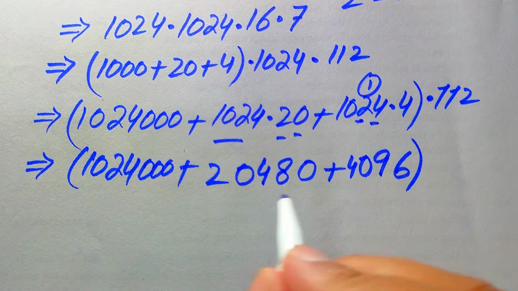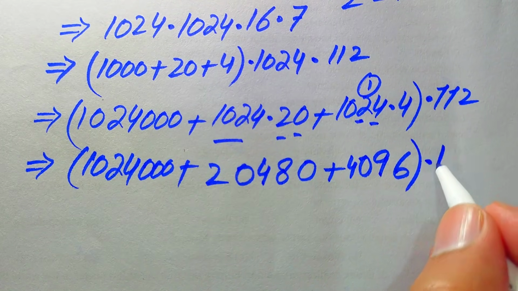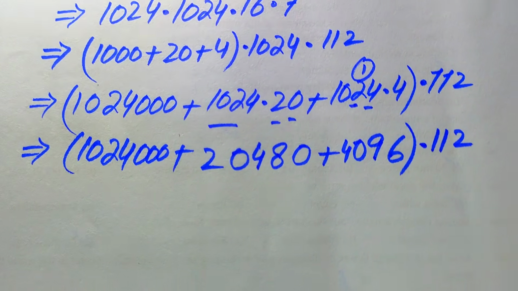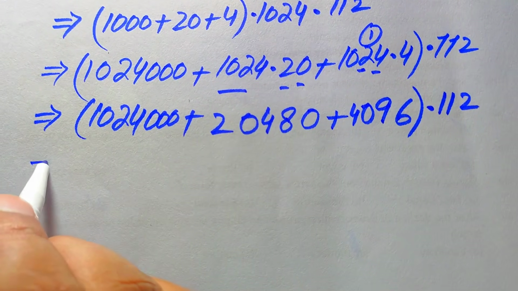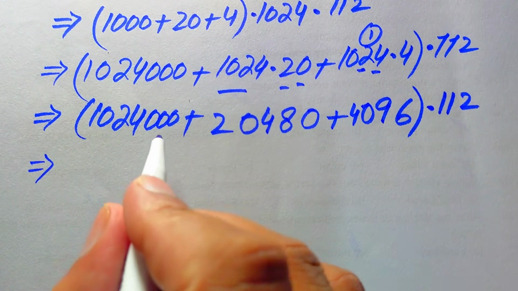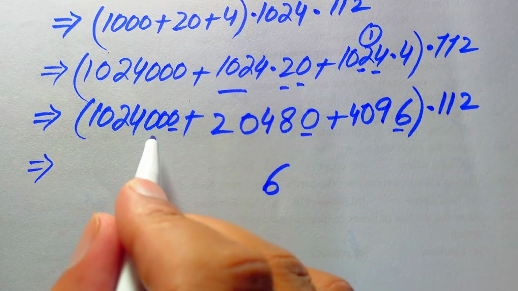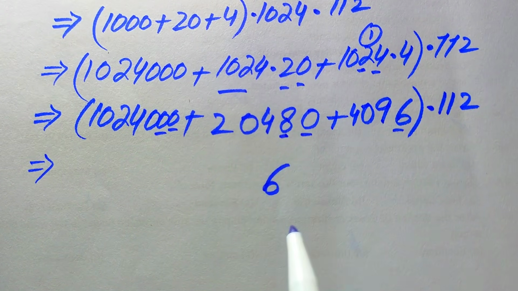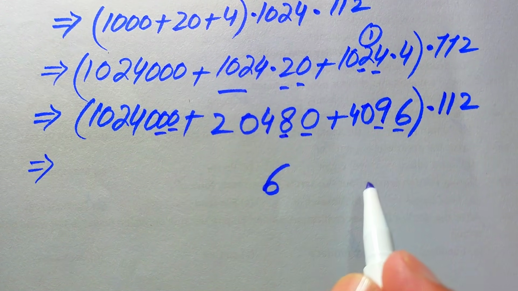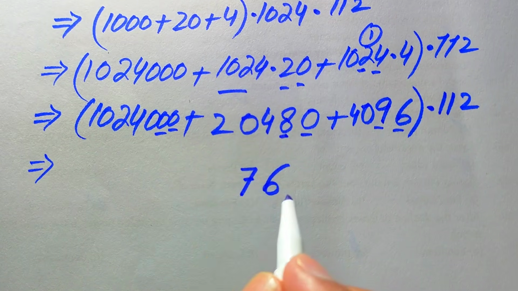So here first we need to sum up all these three values, and its resulting answer is multiplied by 112. Now we sum up these values and we get 0 plus 0 plus 6 becomes here 6. This 0 plus 8 becomes 8. 8 plus 9 becomes 17.